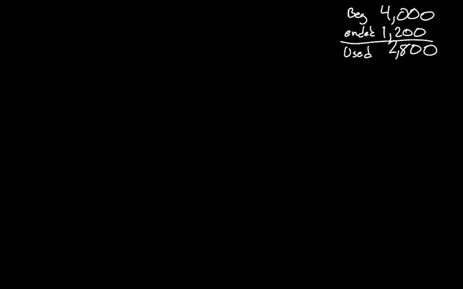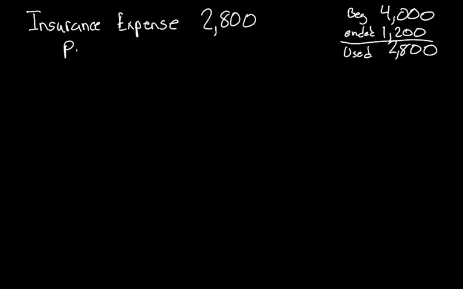So hence we need to debit an expense account. So it's called insurance expense, and we're going to debit that account $2,800, and we're going to credit an account called prepaid insurance, and we're going to credit that account $2,800.